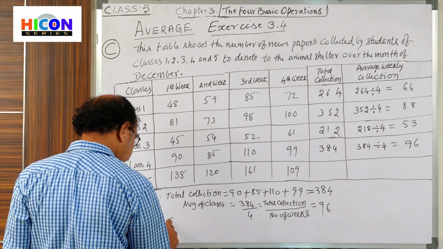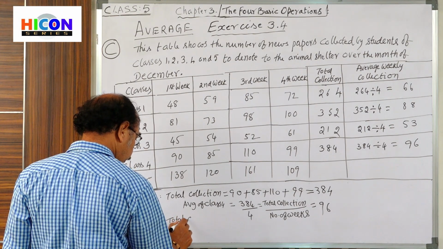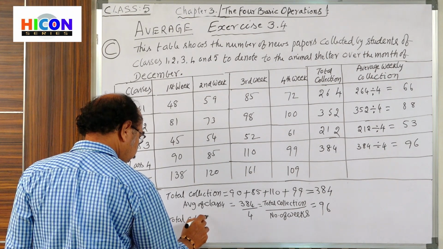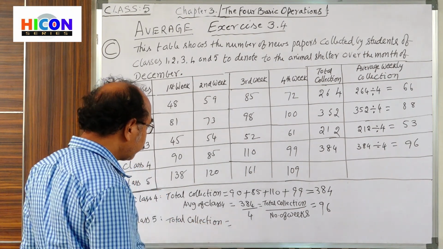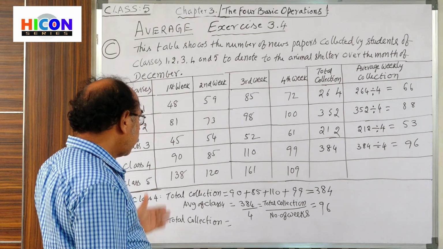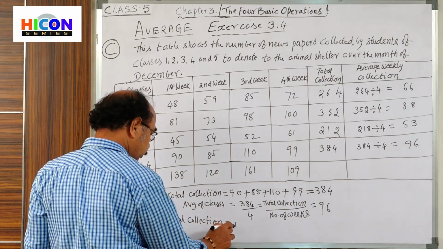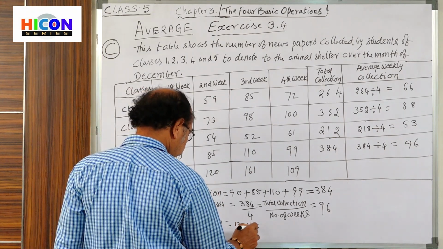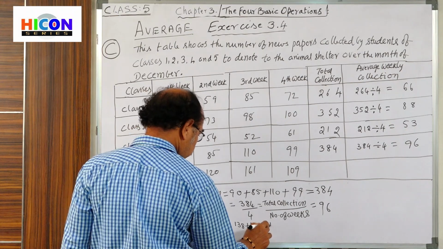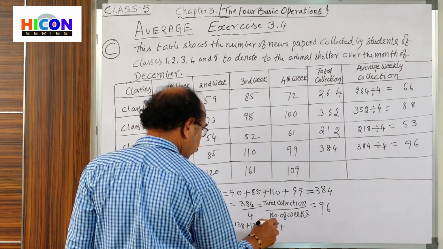Class 5 total collection. 138 plus 120 plus 161 plus 190.